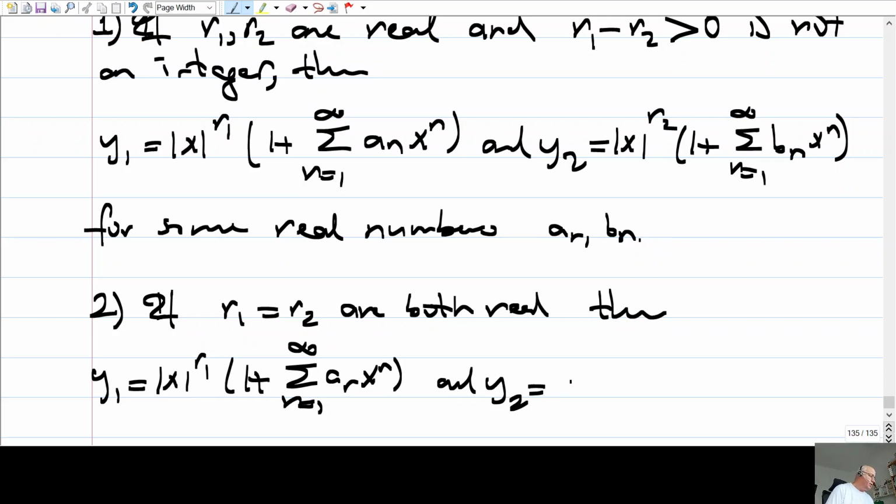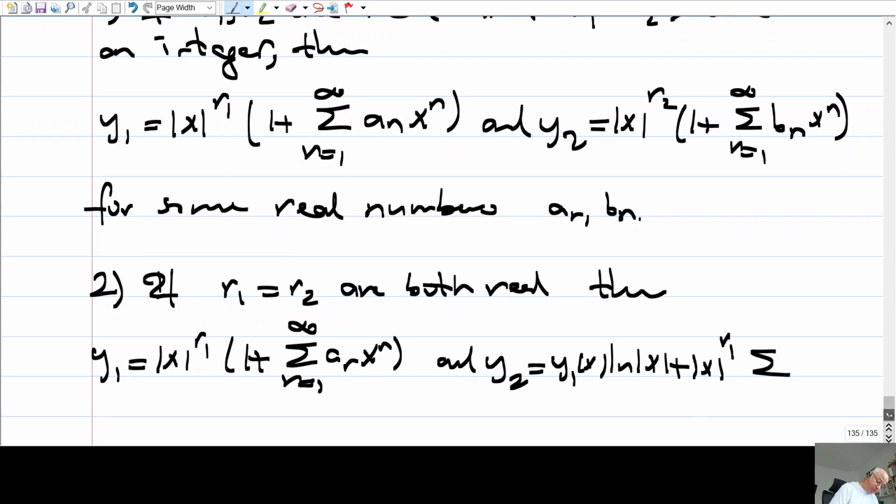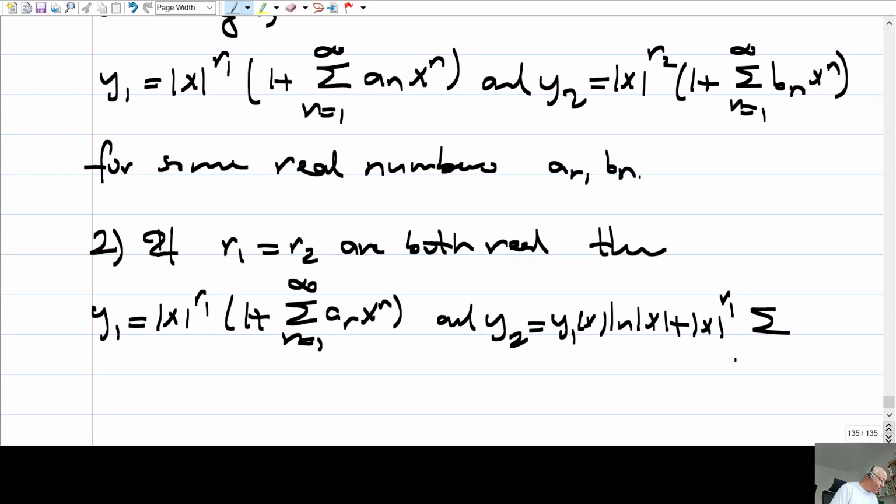So this is just, I have y1(x) multiplied with ln x plus x to the power again r1 times the sum of bn x to the power n.